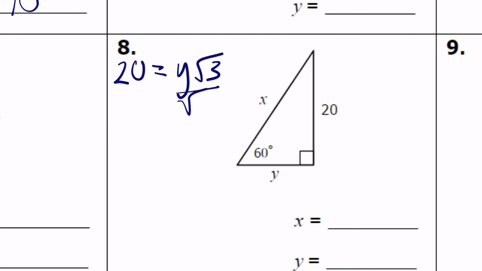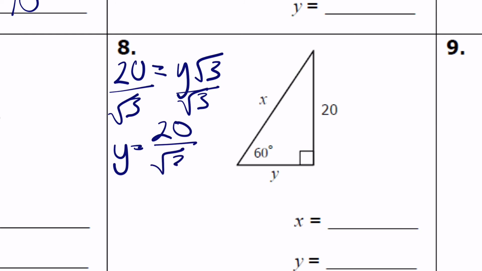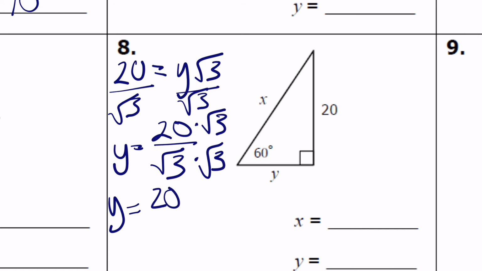So divide by the square root of 3. y equals 20 over square root of 3. Unfortunately, I have to rationalize my denominator first, so I multiply both the top and the bottom by the square root of 3, leaving me with y equal to 20 root 3 over 3.